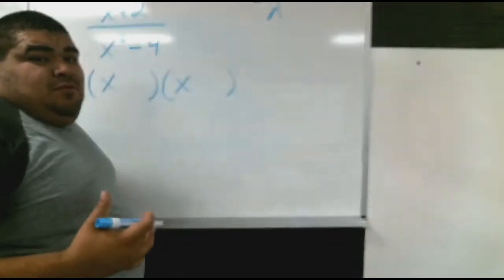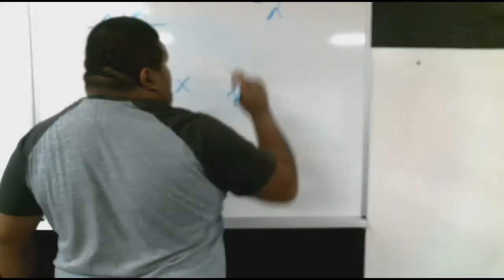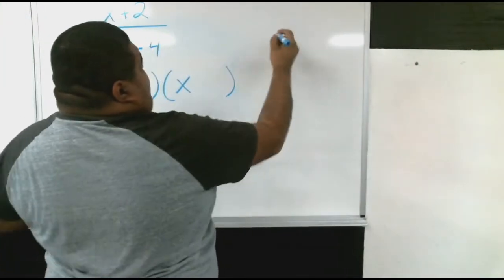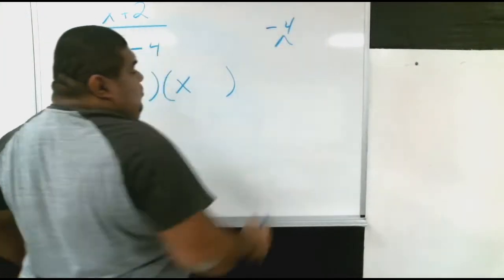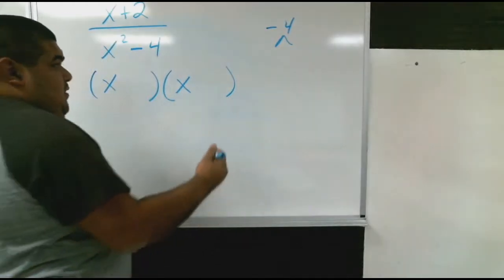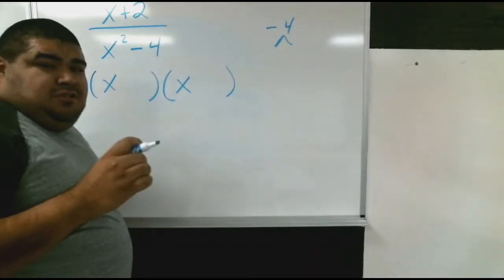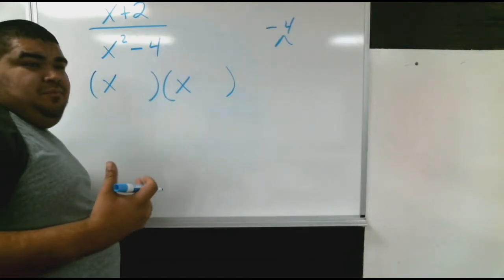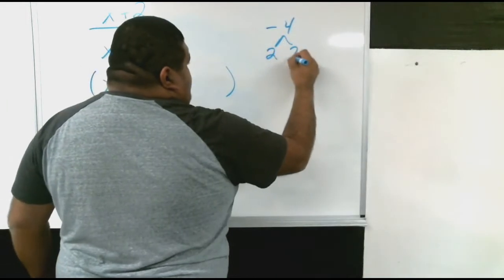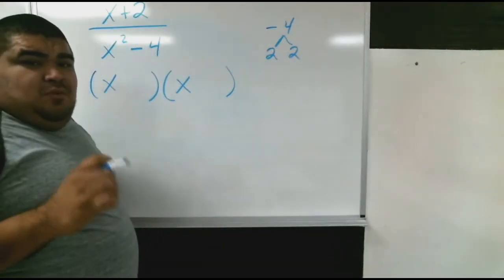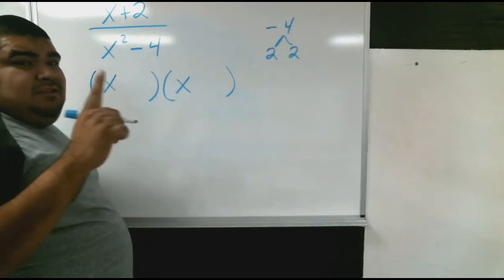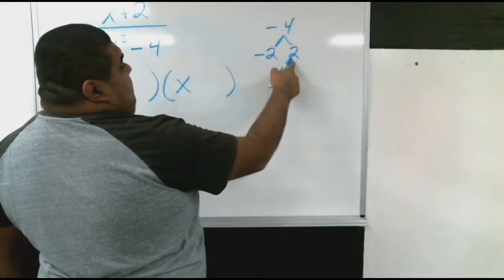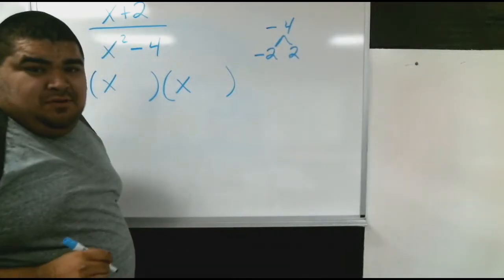Two numbers that give you negative 4 are, don't worry too much about the negative for now, just two numbers that give us 4 that are the same number. 2 and 2, right? When you multiply to get a negative 4, one of them has to be negative, right? So we're going to say negative 2 times 2 is negative 4.